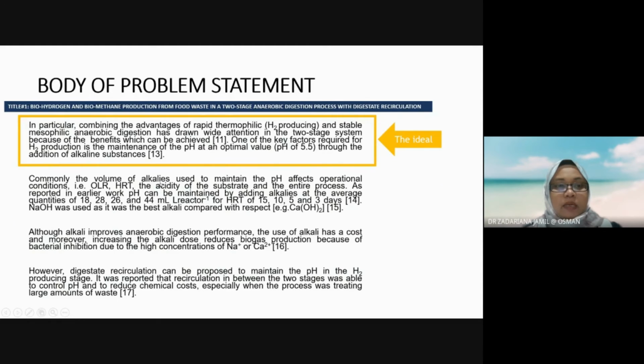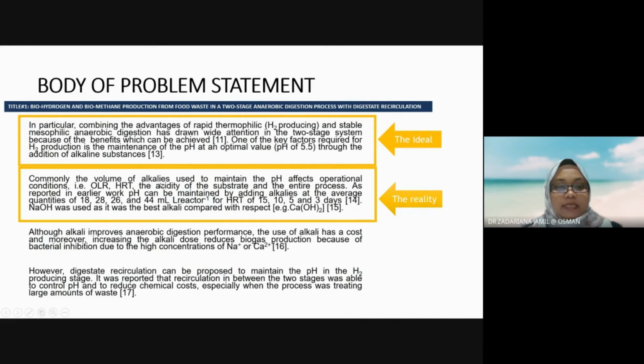So what is the reality? The reality is commonly the volume of alkalis used to maintain the pH affects operational conditions, for example, OLR, HRT, the acidity of the substrate, and the entire process.